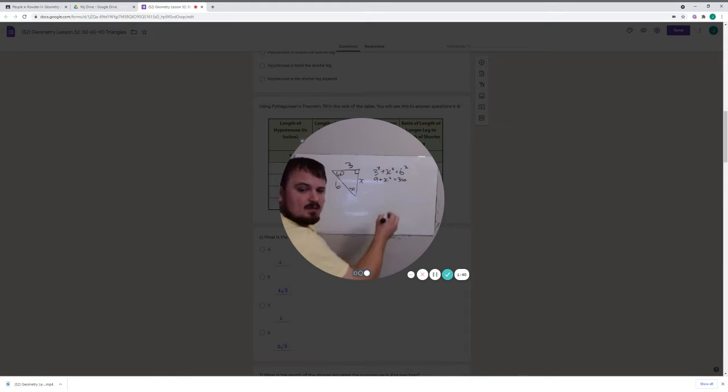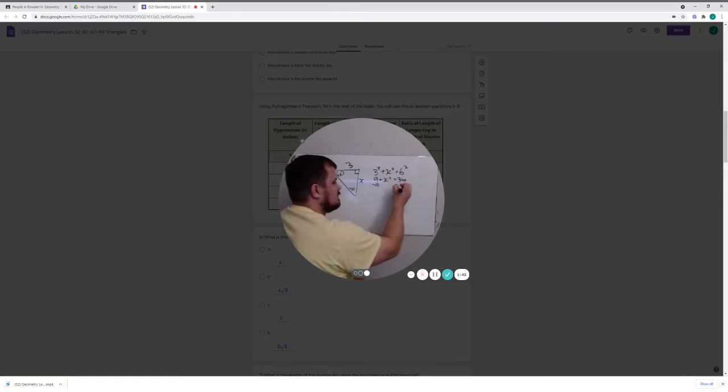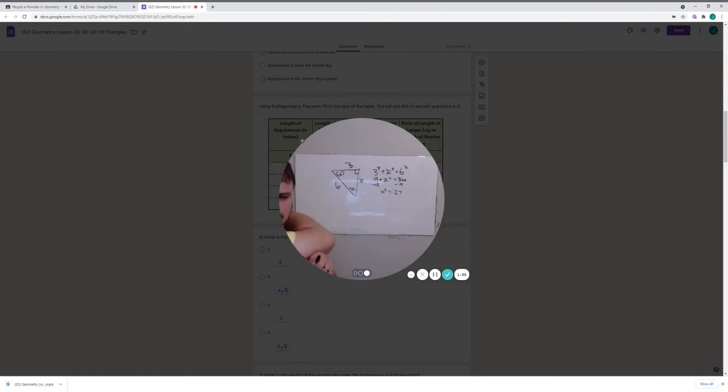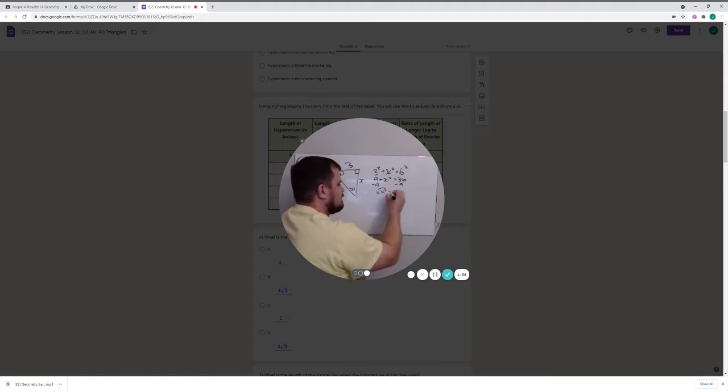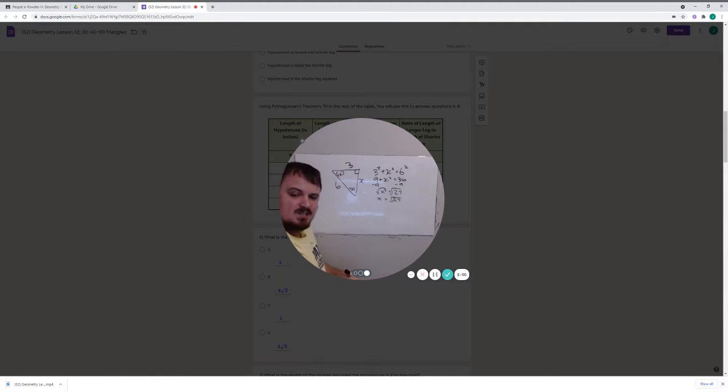Okay, now subtract 9 from both sides. Okay, now let's get the square root of both sides. But are we allowed to leave it as square root of 27? No, we cannot leave it like that.